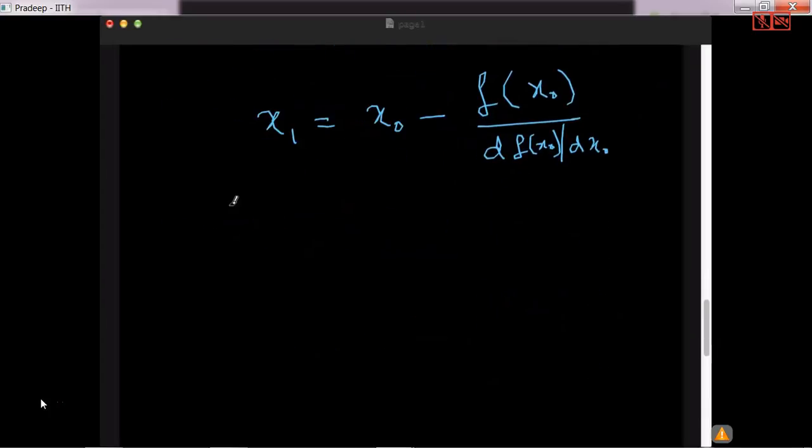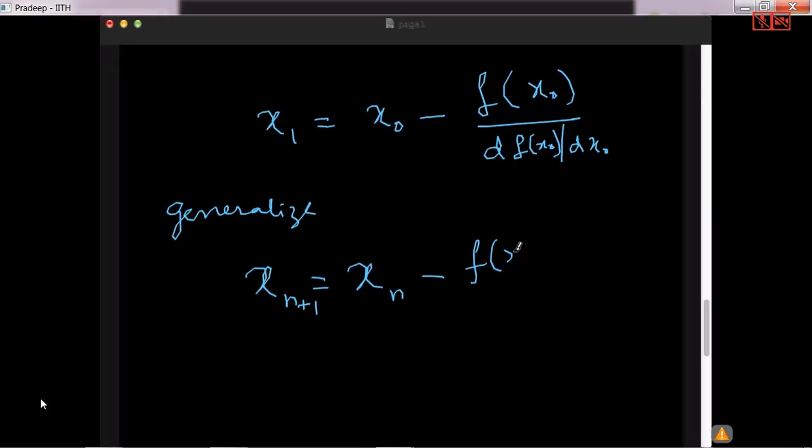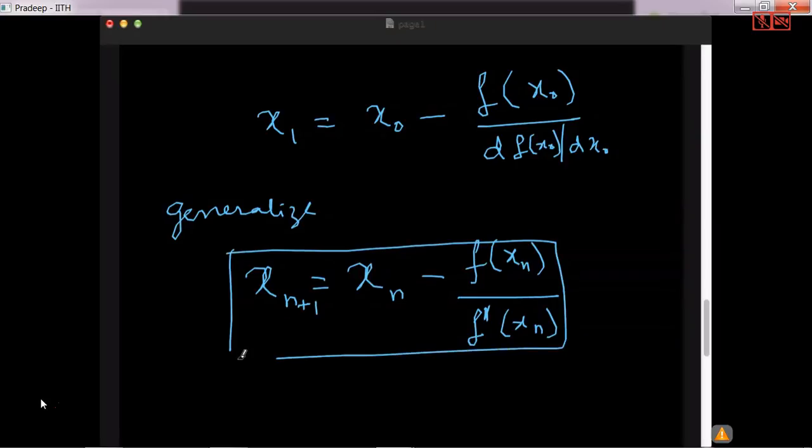So I can generalize this and write x n plus 1 equal to xn minus f of xn divided by f dash of xn. f dash is nothing but the differentiation of the function. So this is the Newton-Raphson method.